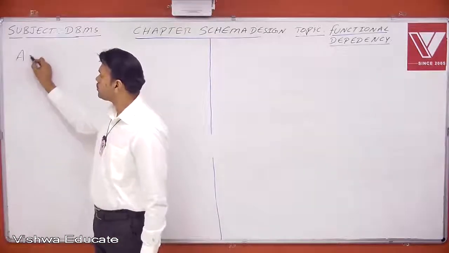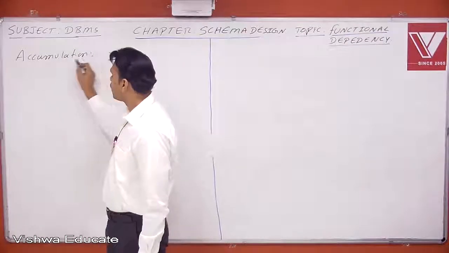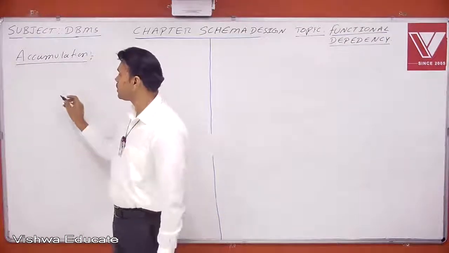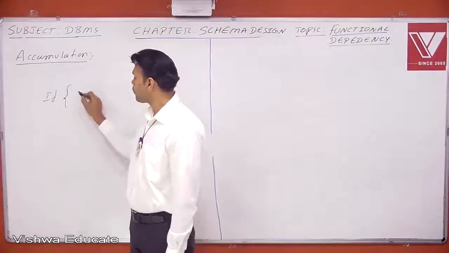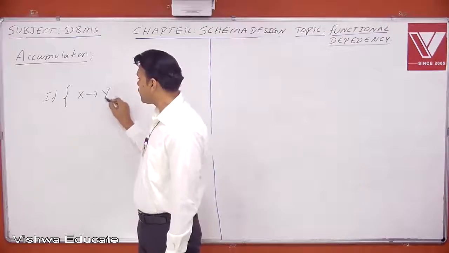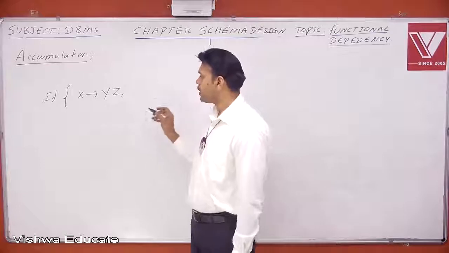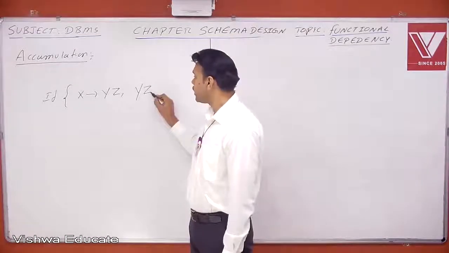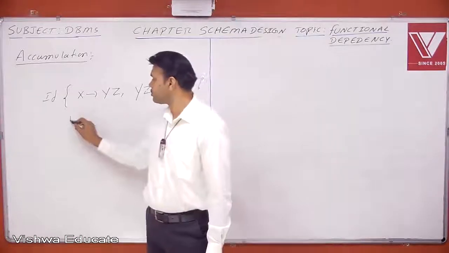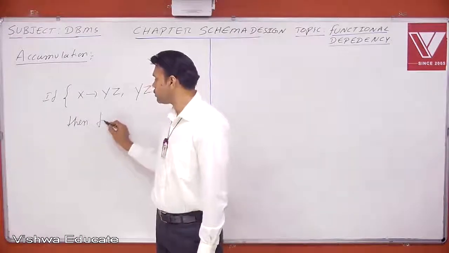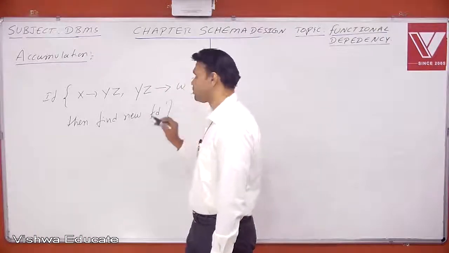And the next one is accumulation. So what is accumulation? Listen carefully. If x tends to yz, observe carefully, if x tends to yz and yz tends to w, then find the new FD.